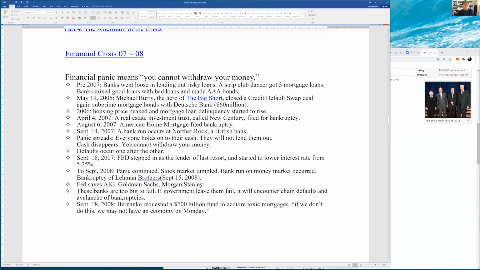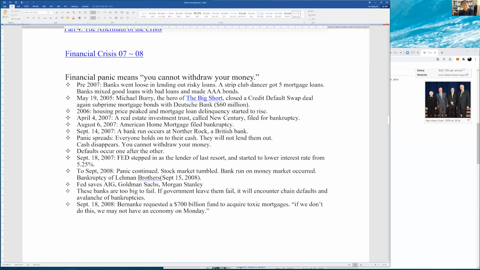And on May 19, 2005, Michael Burry, the fund manager of a trust fund and basically the hero of the movie The Big Short, closed a deal with Deutsche Bank worth 60 million US dollars, a credit default swap deal basically against the subprime mortgage bonds.